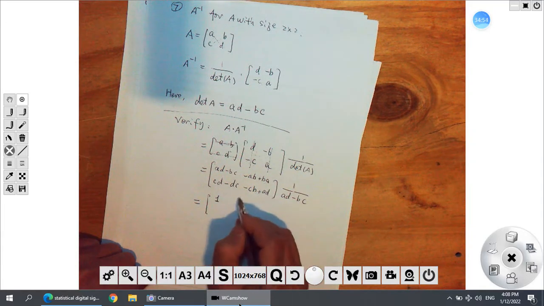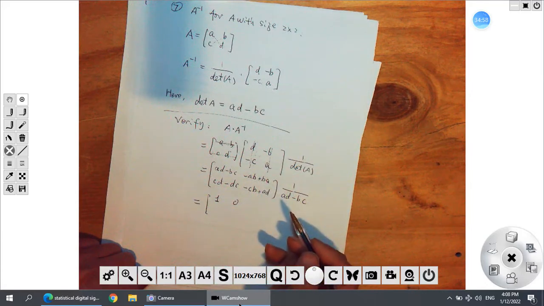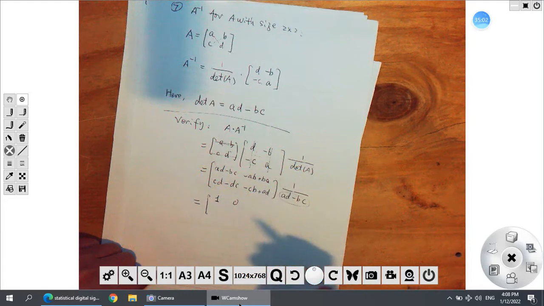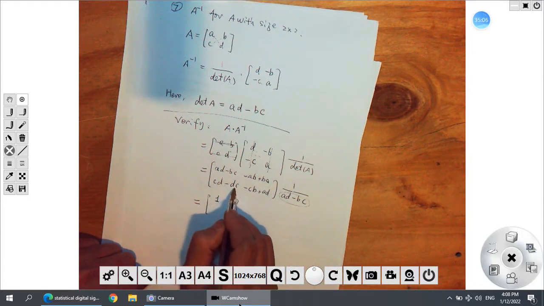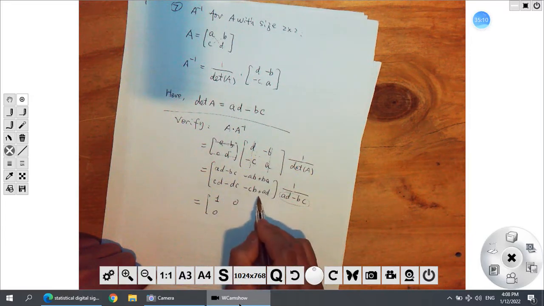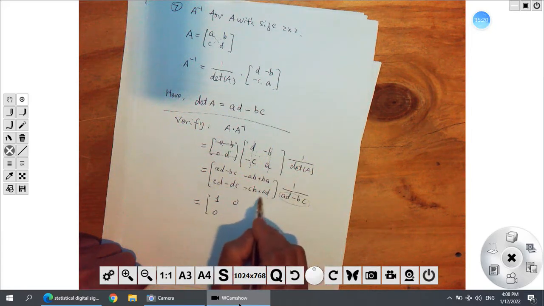It's a negative AB plus positive AB, so it's 0. 0 divided by this is still 0. Here, CD minus DC, 0 again. And here, negative CB plus AD is the same as AD minus BC, so this one times this one, I get 1 again.